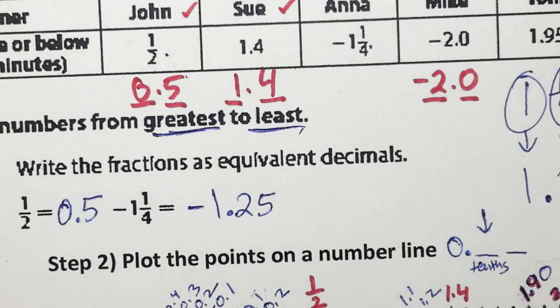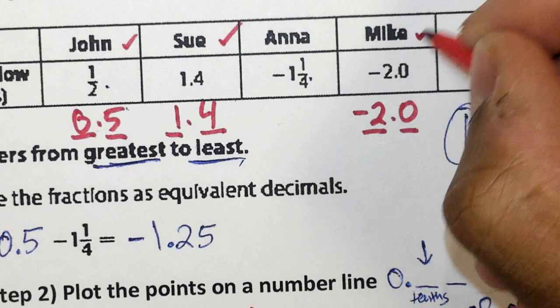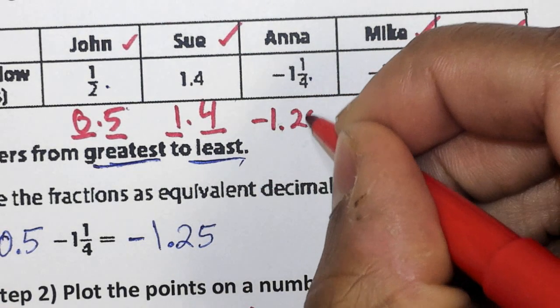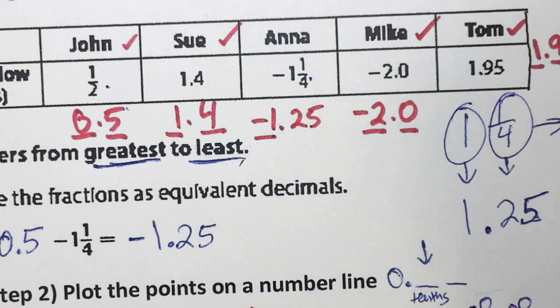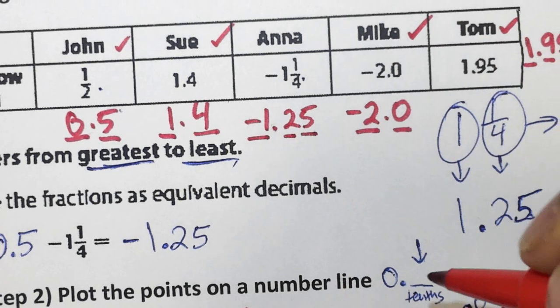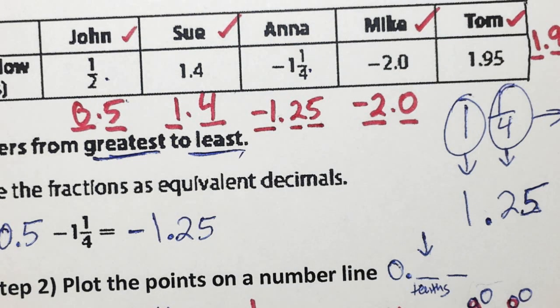Pretty easy. Negative 1 and 1/4 we said is negative 1 and 25 hundredths. So we're going to jump to negative 1, then to 2 tenths, and then remember 5 hundredths is almost about halfway through. Negative 1 and 25 hundredths is almost about halfway through.